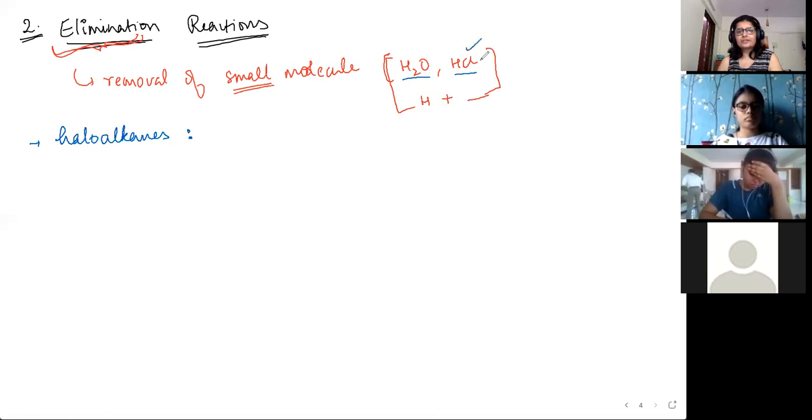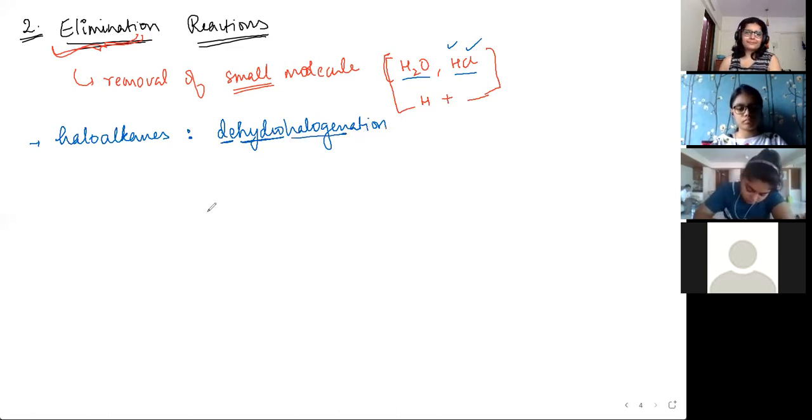Because there is a halogen atom being removed and a hydrogen being removed, this is also called dehydrohalogenation, removal of hydrogen halide.